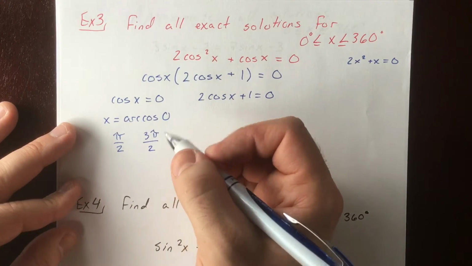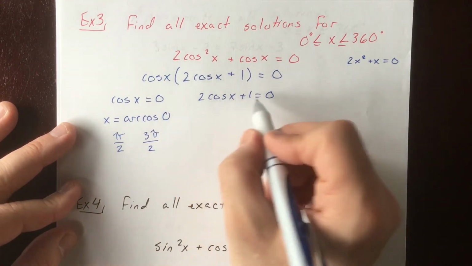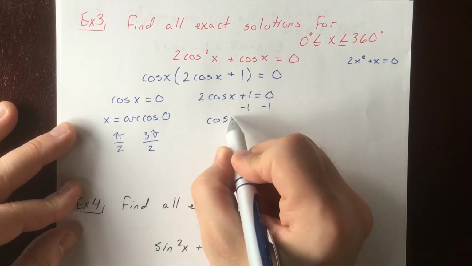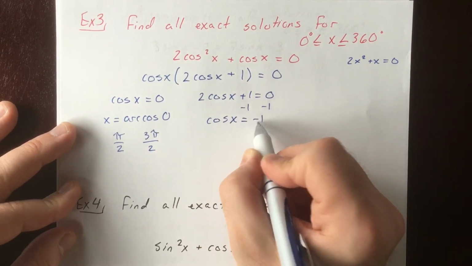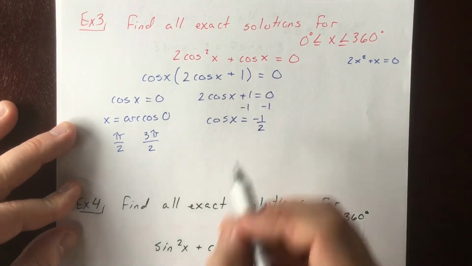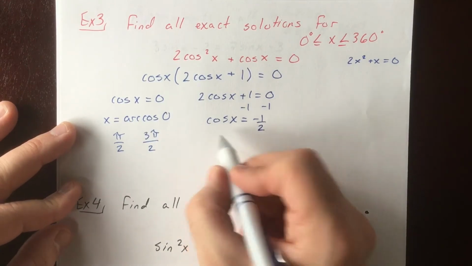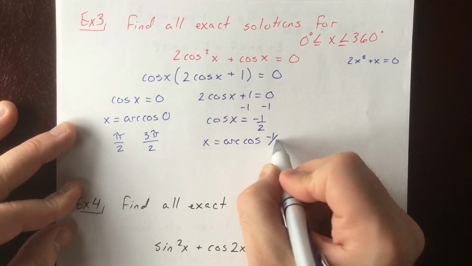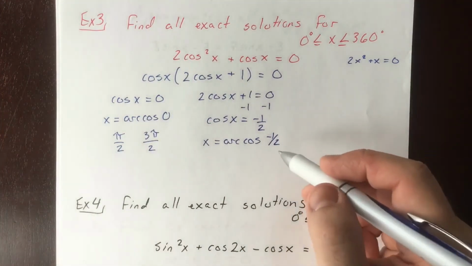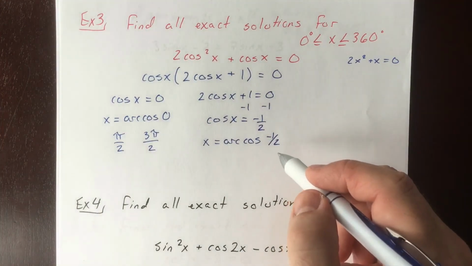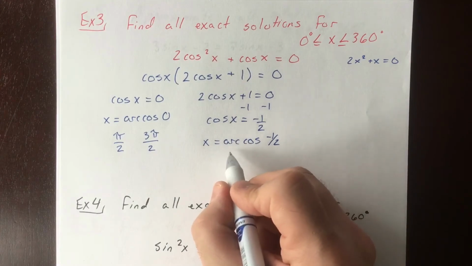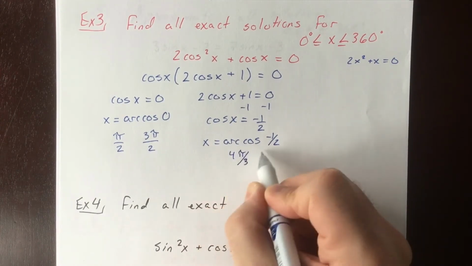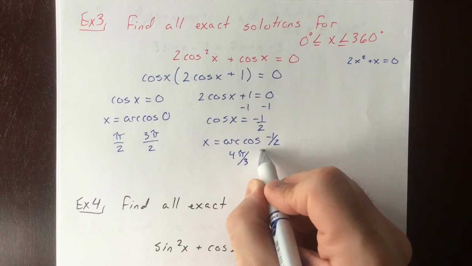All right, and minus 1 divided by 2 gives us negative 1/2. So this is arc cosine of negative 1/2. That's at the 3's again. But negative 1/2, that's going to be 4 pi over 3 and 2 pi over 3.